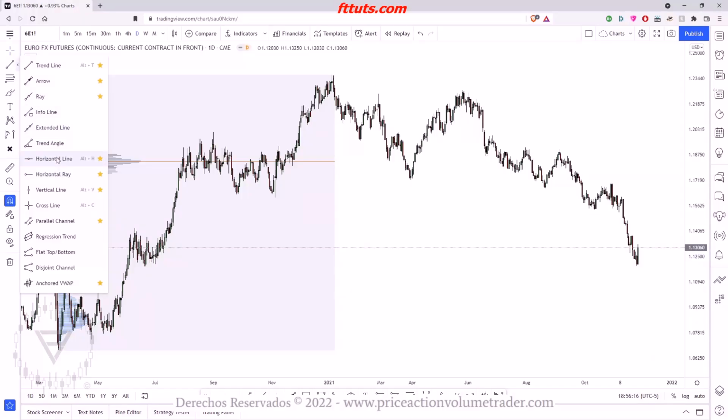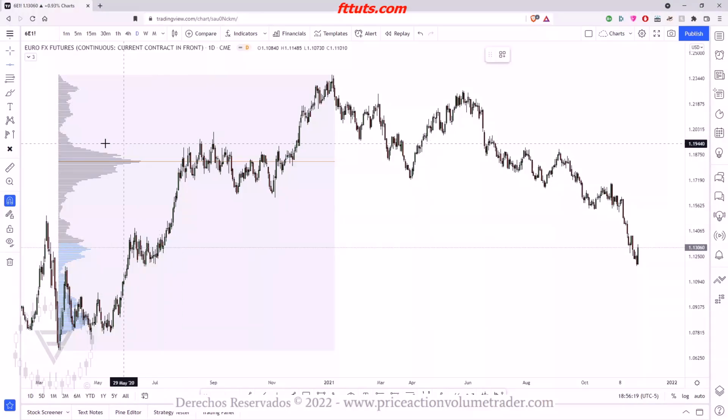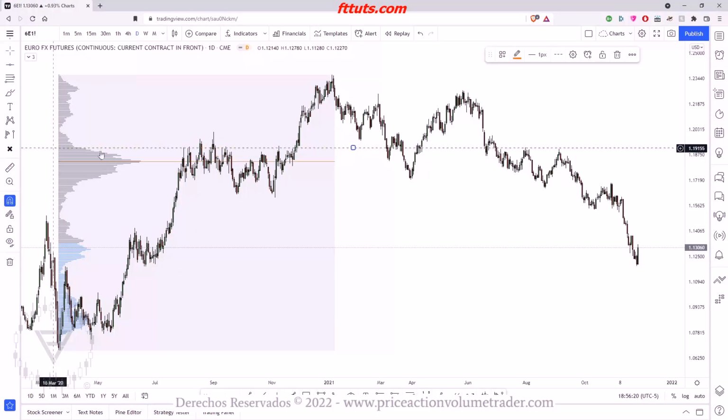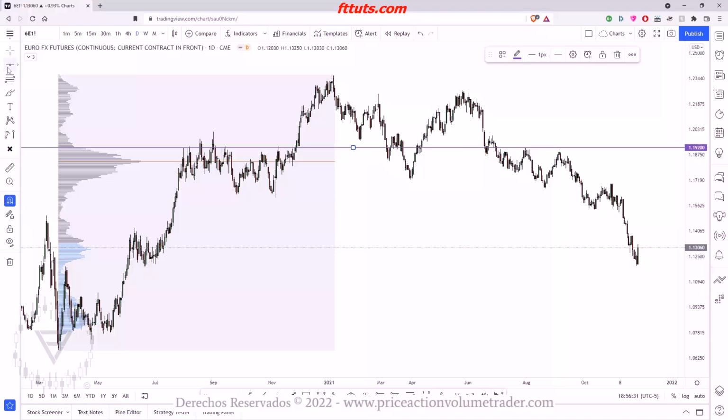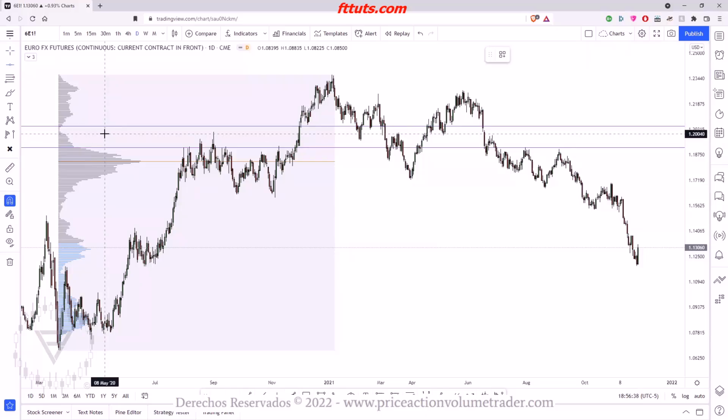You can take your horizontal line and just start marking edges of nodes here. Let's use purple, and you can start marking places where you can see that we have big cuts in volumes.